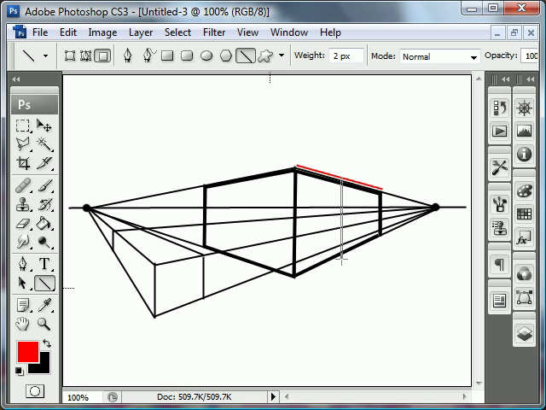That seems to be about halfway. But that's not going to be exactly where halfway would be on the side of this box, because the side of this box is in perspective.